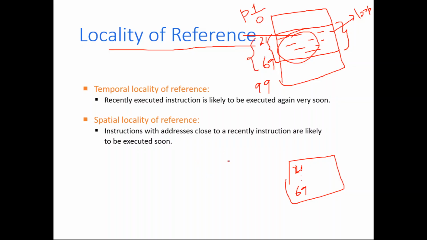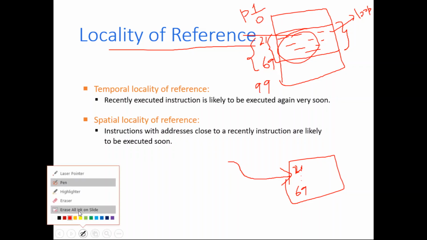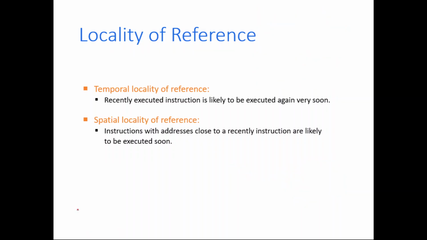So whenever these instructions are required, the processor can get them from the cache memory itself, so it can access them very quickly. This concept is called locality of reference. The whole idea is that in a typical process, there will be some set of statements which will be more frequently accessed than the rest of the statements.